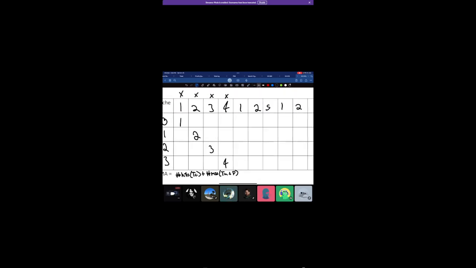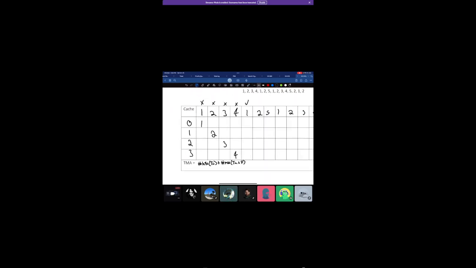So 1, we get a hit. And again, that's just going to go here again. And we're not going to rewrite 2, 3, and 4, right? When you move forward by 1, least recently used is going to be referring to the 4 previously used, right?